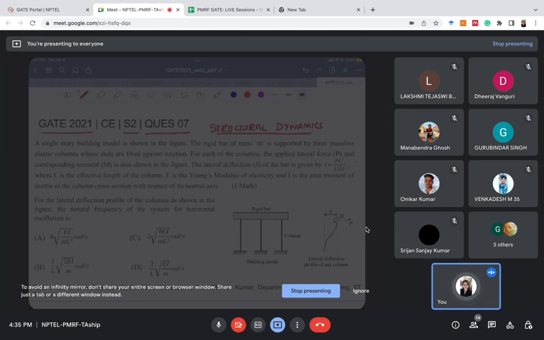So what happens is students mostly completely leave this subject. Although this subject seems complicated and is very wide, in my opinion you should not completely leave it, because if you see the trend of GATE, they usually cover very simple, formula-based structural dynamics problems.